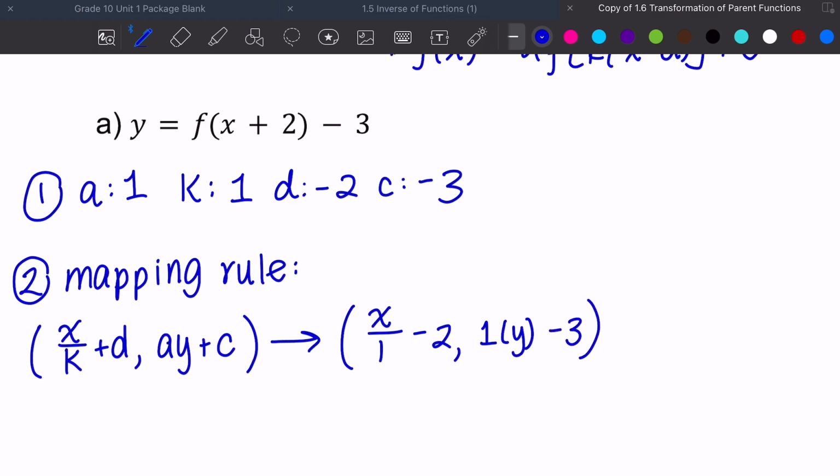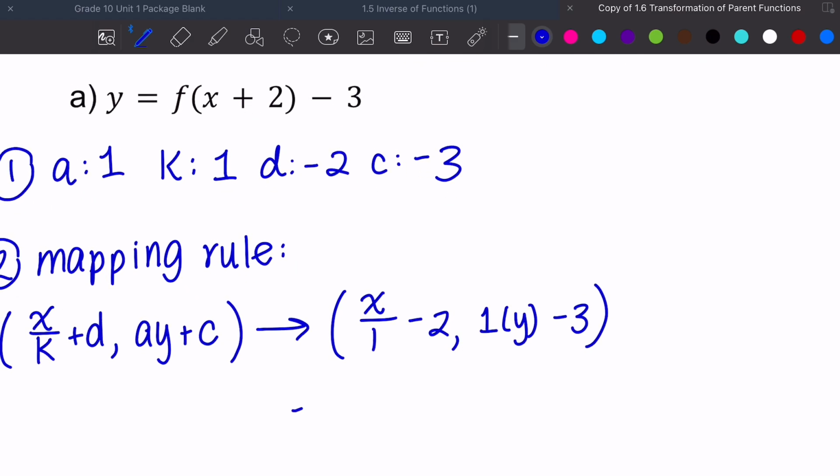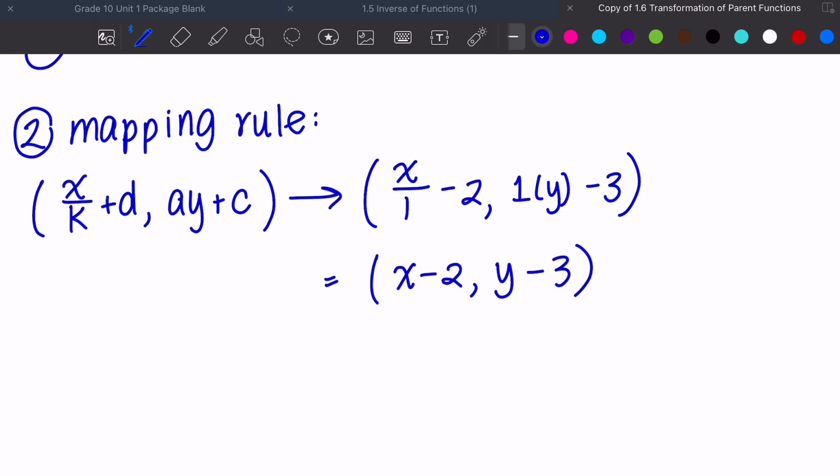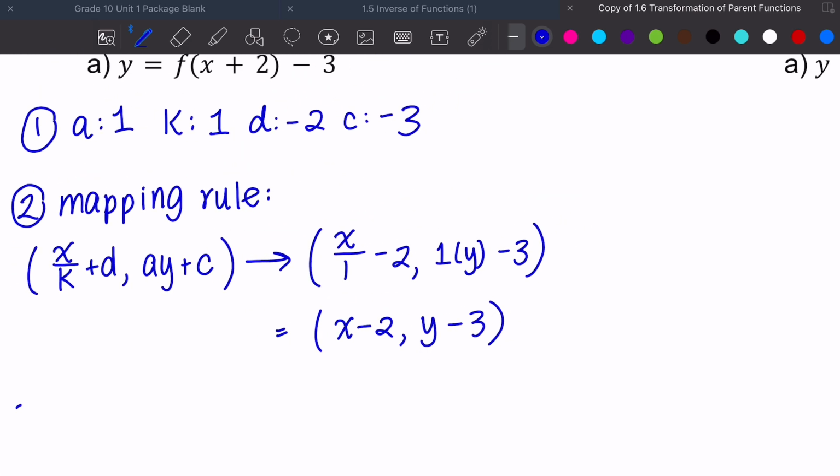You can keep it like this, but anything over 1 is just itself, so this is really (x - 2, y - 3). If you don't want to simplify, you can leave it like that. Now I'm going to send my points through the mapping rule.